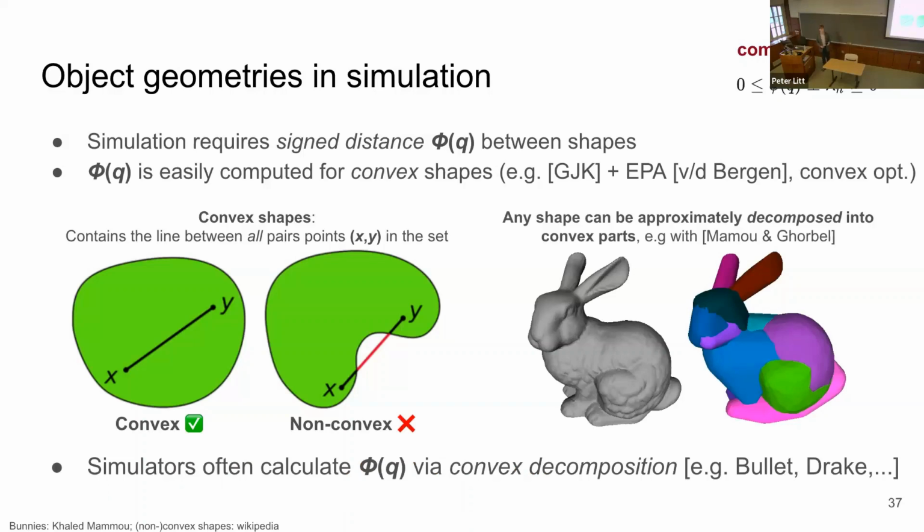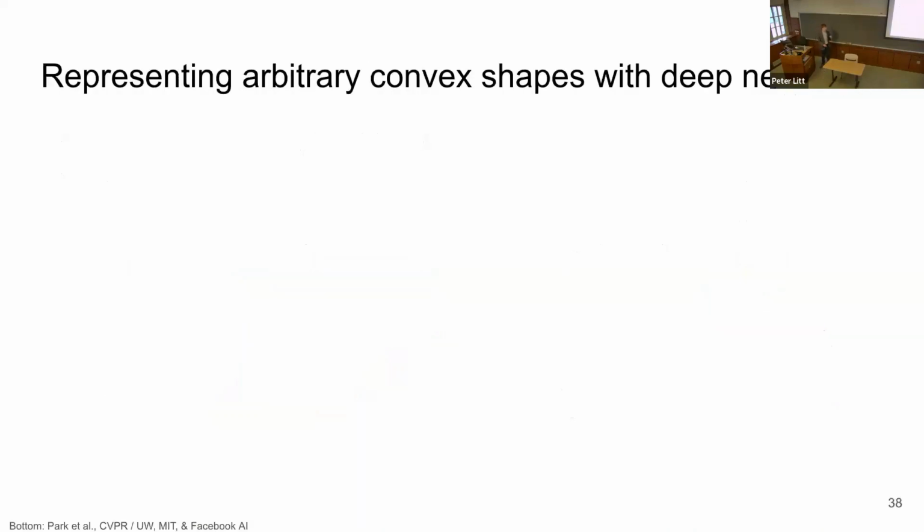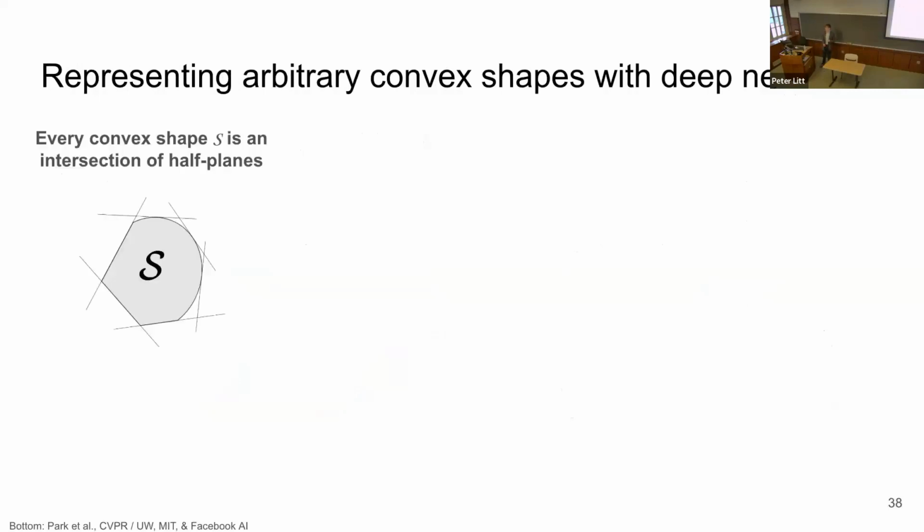And so what we do in contact nets is the reverse of this process. We are going to assume that shapes have convex parts, and we are going to build them up by learning each of those convex parts. We do this in a few-step process. First, we're going to recognize that convex shapes can be well approximated by supporting hyperplanes. So any convex shape can be reconstructed by taking hyperplanes at various angles, pressing them up against the shape, and noting by constraint that the shape only lies on one side of that plane.